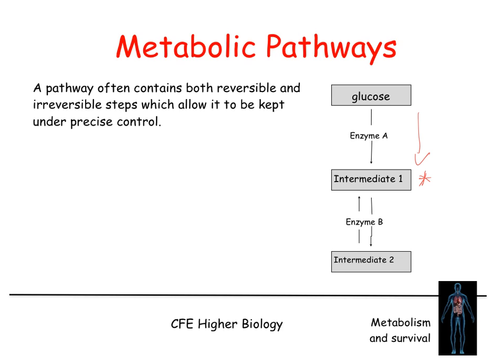This can't be reversed. This step here can be, but the beauty of this step being irreversible is that the glucose is constantly being used up. So it keeps the glucose at a low level, and that means that glucose will constantly be diffusing into the cell in order for it to be in a constant supply there.